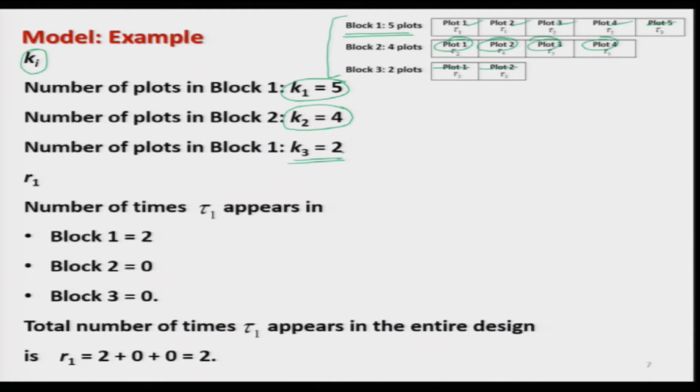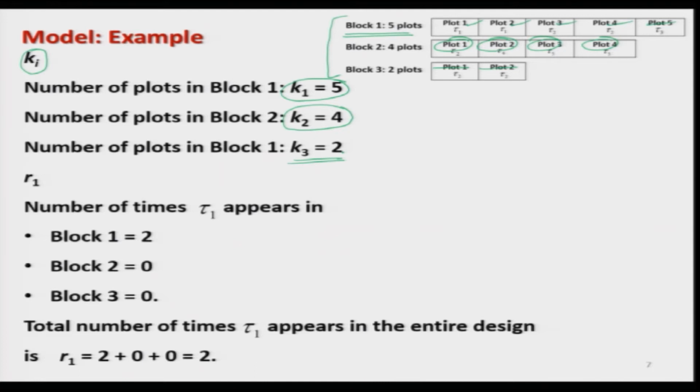Now, the next symbol we used was R_j. There are 5 treatments, tau 1, tau 2, tau 3, tau 4 and tau 5, so j will go from 1 to 5. We are going to have 5 values: R1, R2, R3, R4 and R5.